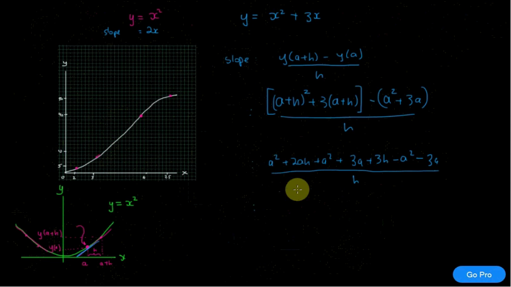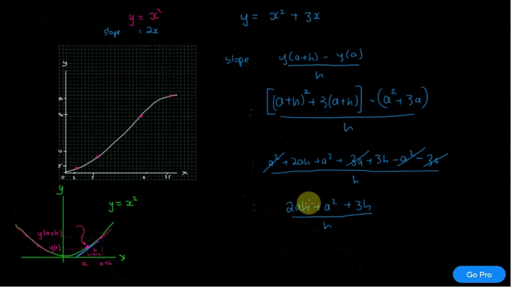So let's see what I'm left with now. So plus a squared, I have a minus a squared, I have a plus 3a, I have a minus 3a. So again, I'm left with 2ah plus a squared plus 3h, and all of that over h.